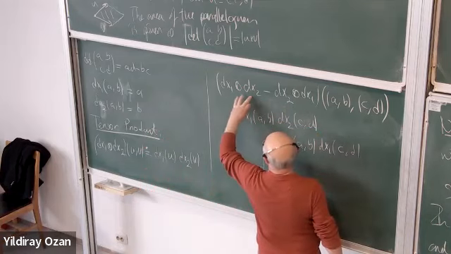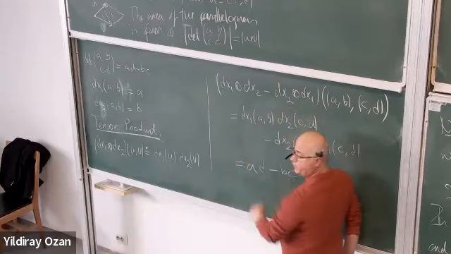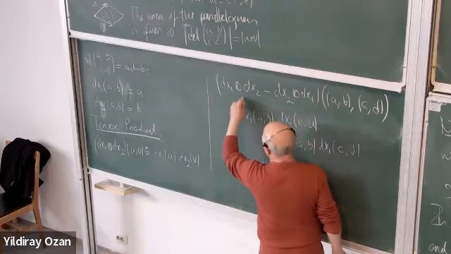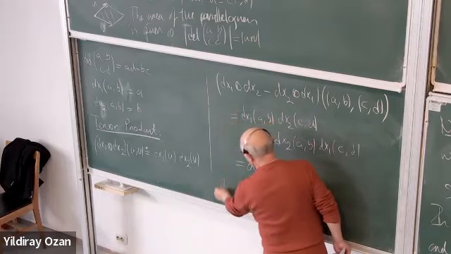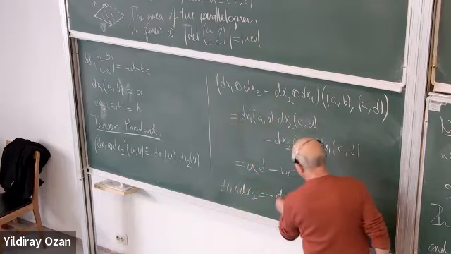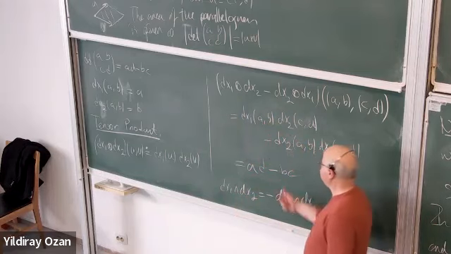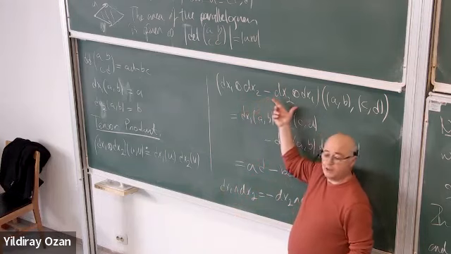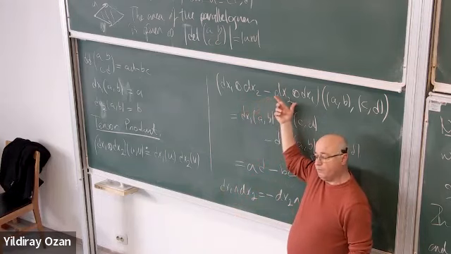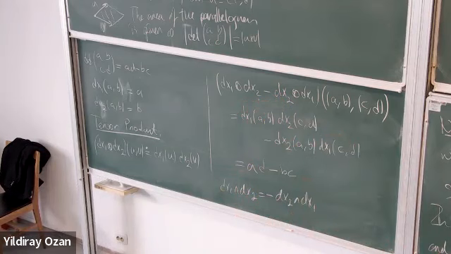If I interchange 1 and 2, I will get minus of this, right? So this tells me that dx1 wedge dx2 is just minus dx2 wedge dx1, right? Because if you interchange 1 and 2, you get minus 1 times this expression. Exactly. So let me state that fact over here also.